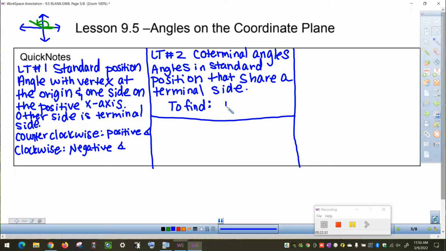And it's very easy to find them. So from our given angle or from our starting angle, we either add 360s or we subtract 360s. And that represents just traveling one full time around the circle, and it's going to get us right back to where we started.